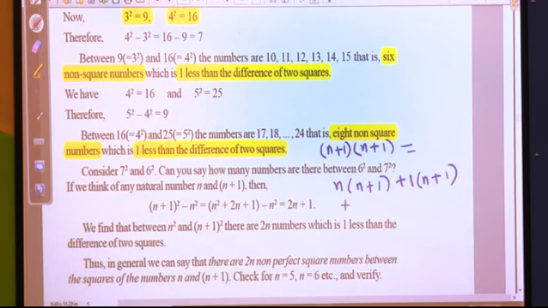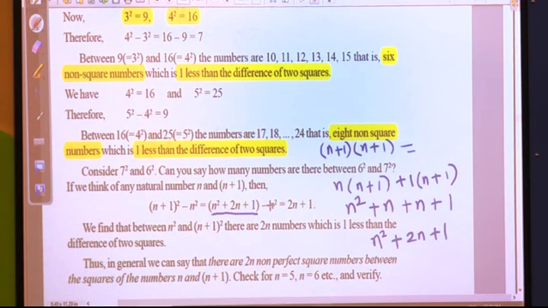N into n is n square, plus n into 1 is n. Now, plus 1 into n is n, and plus 1 into 1 is plus 1. This becomes what? N square remains as it is, n plus n is 2n, and this is plus 1. I hope this is the same thing that I had said just now.